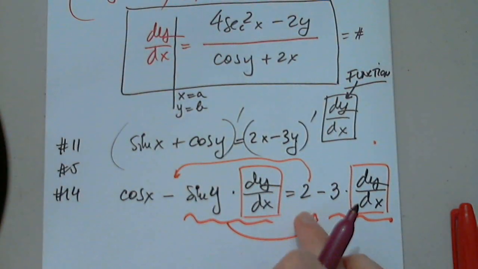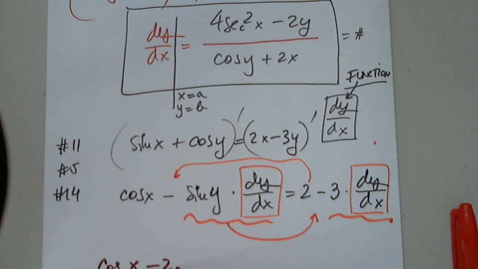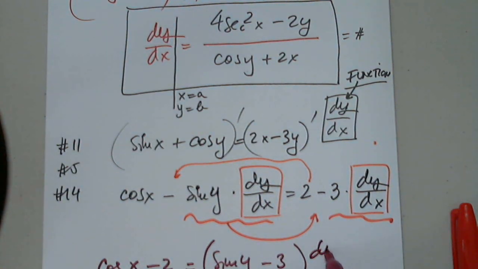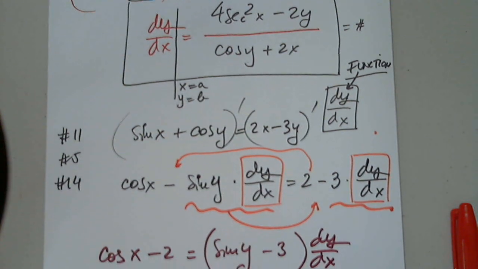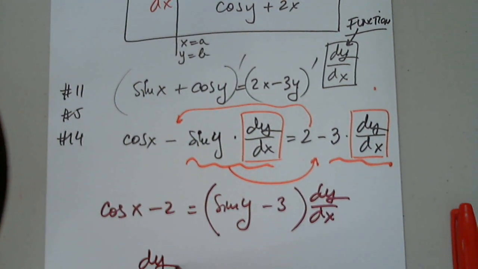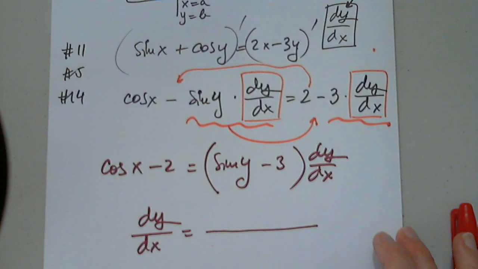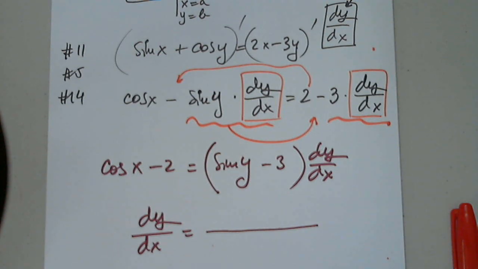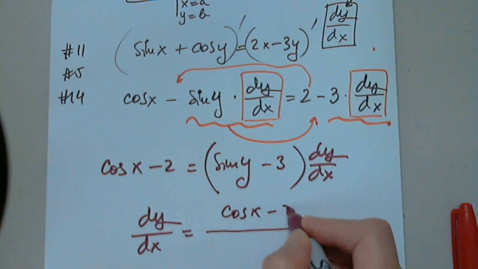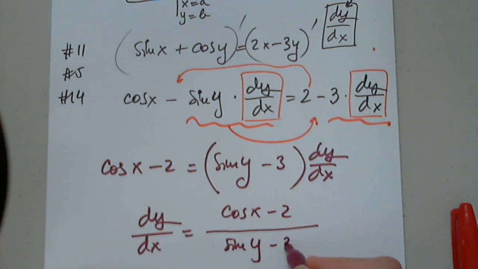So I will have cosine x minus 2, and then I will have sine y, and minus 3, and as we did before, these 2 terms have dy over dx. That comes out. And finally, can anyone give us dy over dx? So we determine an, yes, awesome, brilliant, awesome. That's it.